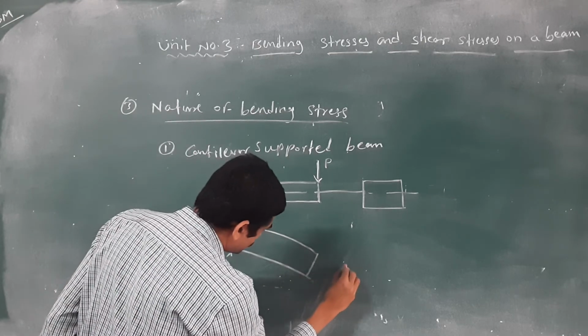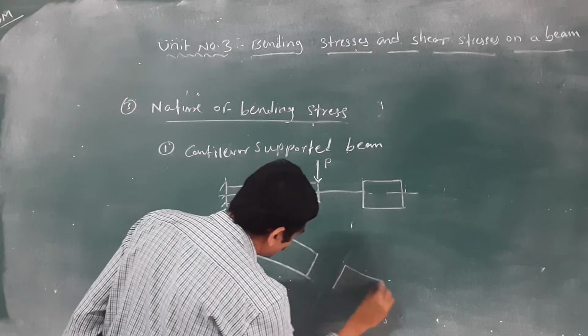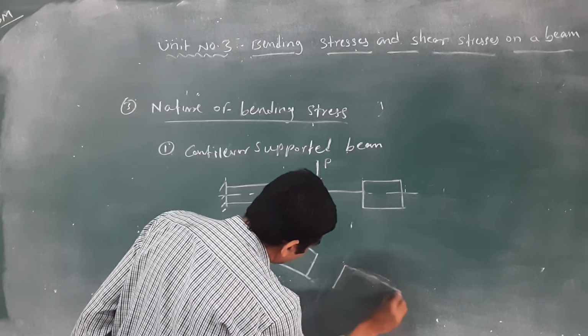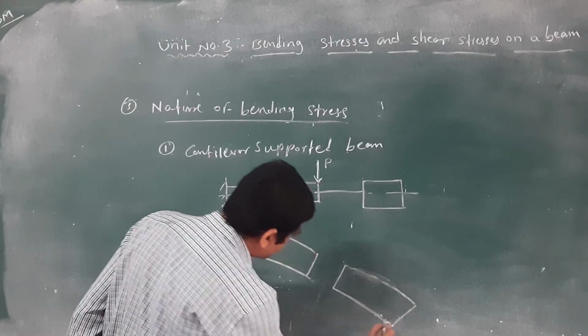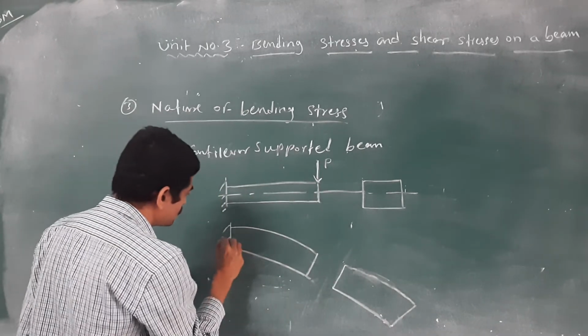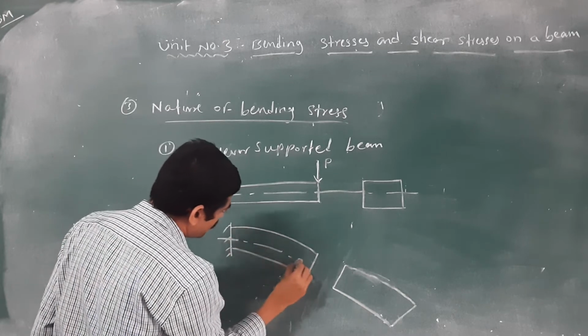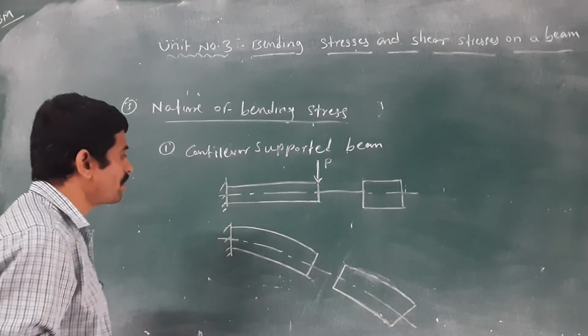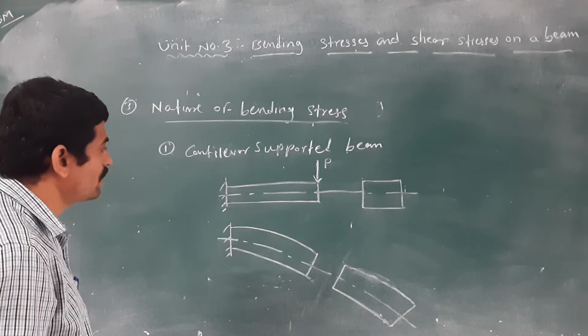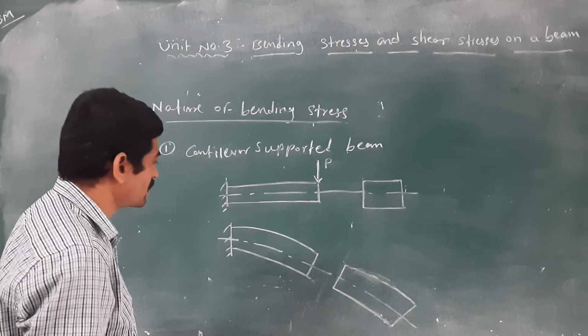In this way, the cantilever beam will be bent, right? Then which stresses are induced above the neutral axis and below the neutral axis? Check that.